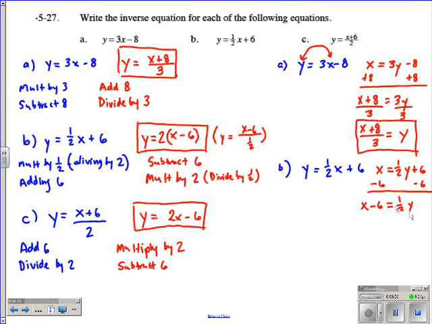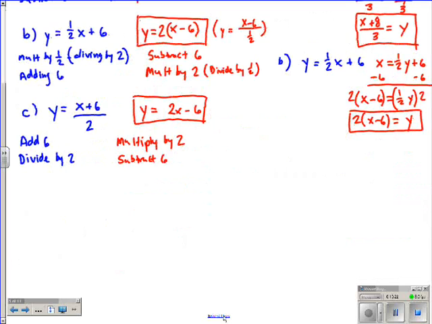Well, to make this a whole y, we're going to have to multiply each side times 2. So if we multiply this side times 2, and we multiply this side times 2, we should end up with 2 times the quantity of x minus 6 is equal to y. And is that the same thing here? Yes, it is.